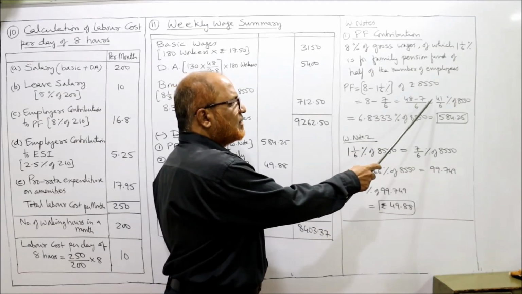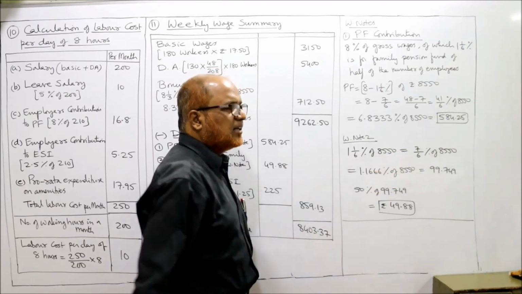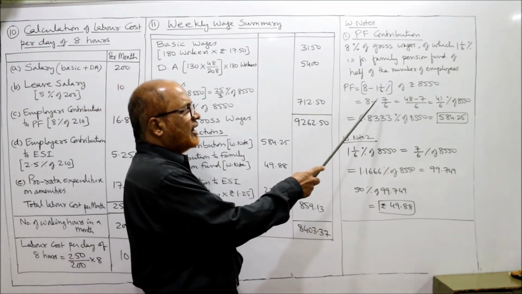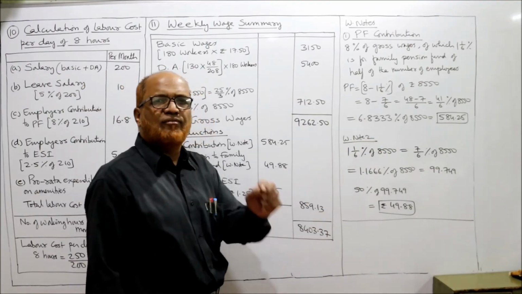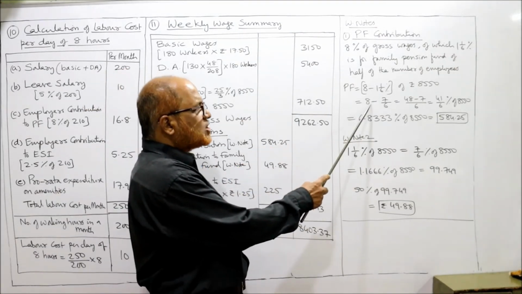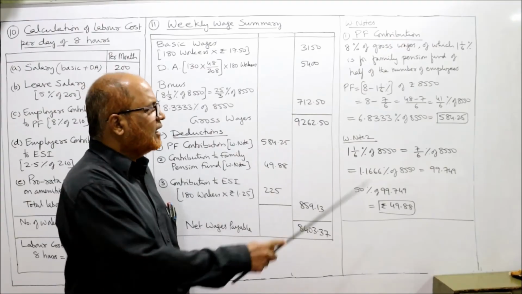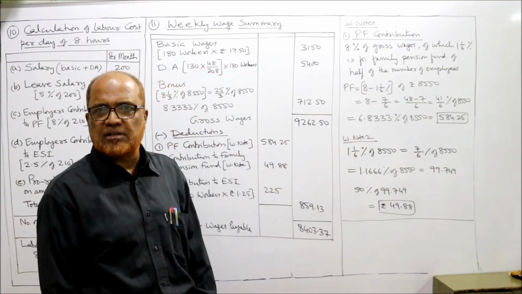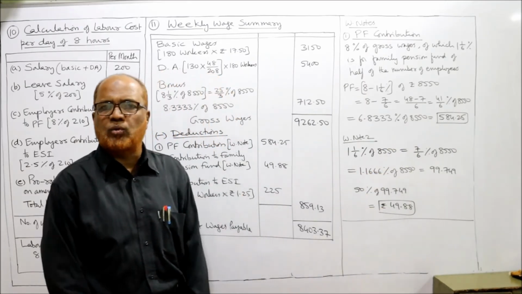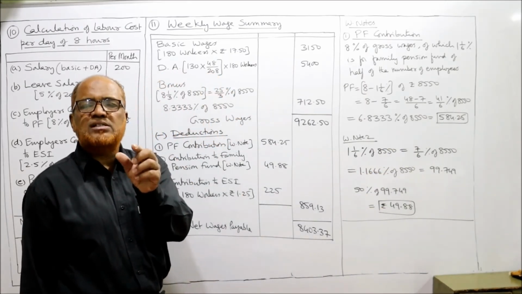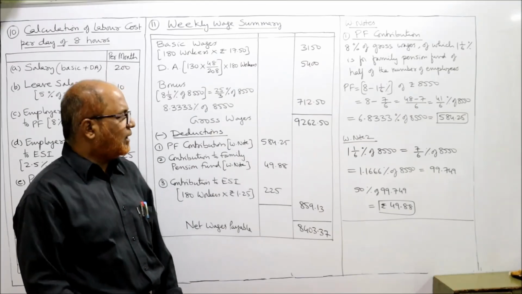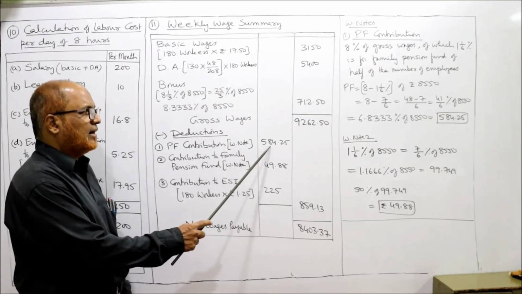So 48 minus 7 is 41/6% of 8,550. If you are not comfortable with calculations, then directly divide 7 by 6, you will get 1 point something. Deduct from 8, whatever you are getting, you will get 6.833%. 6.833% of 8,550 is 584.25. So 584.25 is the deduction for Provident Fund, the deduction for PF contribution.